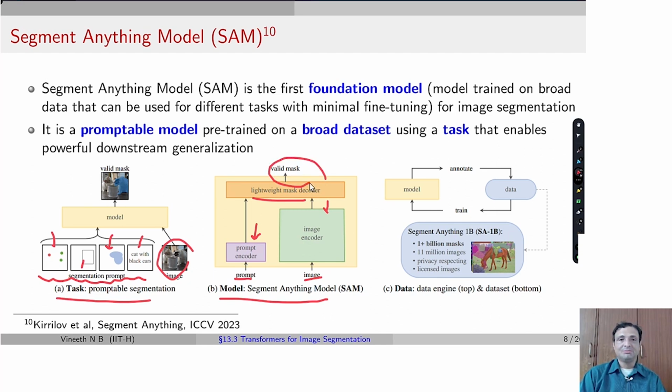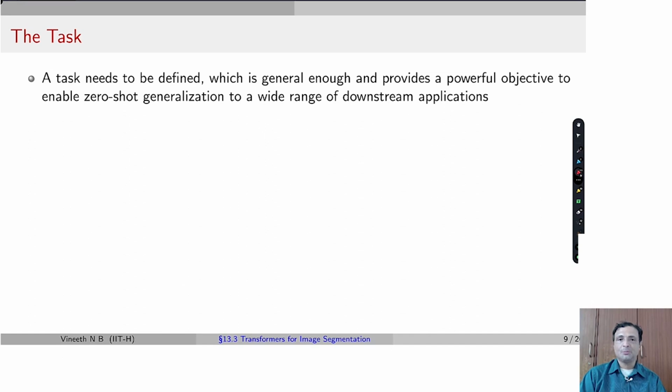Another contribution they have in this work is they also contribute a data set or a data engine as part of this work. This is called SA1B or Segment Anything 1B, where B stands for a billion masks. Let's see more details of this approach.